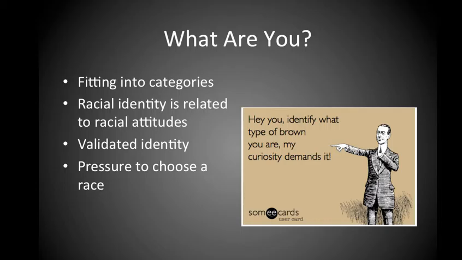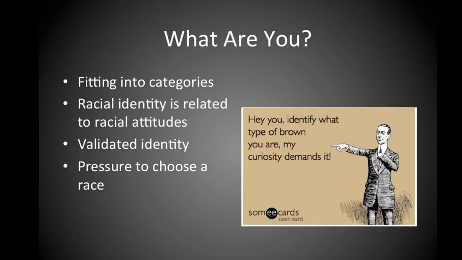Appiah explains identification as a process through which a person shapes his or her life with the use of available labels or identities. Racial identity is important because racial identity is related to racial attitudes. In addition, racial identities are cultural scripts that shape the actions and behaviors of the person holding a particular racial identity. Identity as biracial has another component that needs consideration: validation.